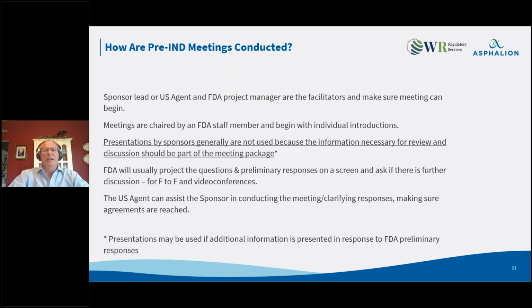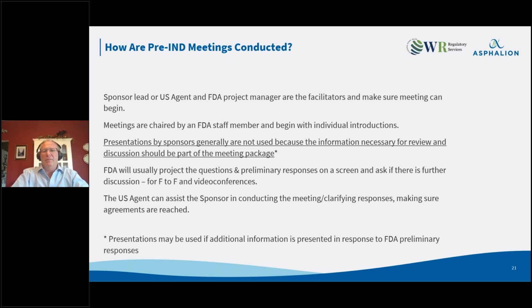When they acknowledge and grant you the meeting, they will tell you how long they will give you for the meeting. The sponsor lead or US agent and the FDA project manager are facilitators for the meeting, and they make sure the meeting can begin. So you can either have the sponsor lead or your US agent lead, and then the project manager, and you do the logistics at the beginning of the meeting, and you say, okay, everybody's on, we can begin, or everybody's at the table, we can begin.